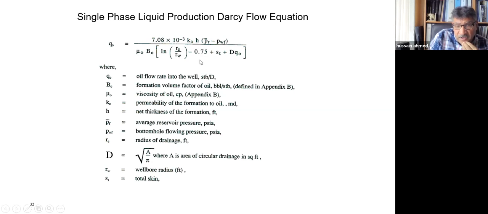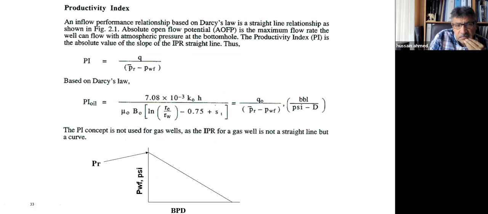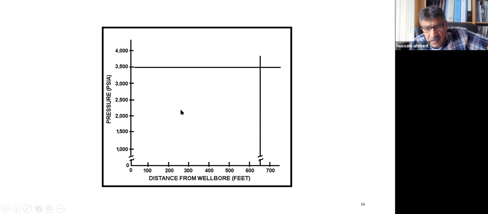We will learn where 0.75 came from for the pseudo steady state. Productivity index, how to calculate the J factor as well, with a simple equation or using the Darcy equation, including the skin factor. PI with no skin and PI with skin. That also gives you a good idea about optimization.